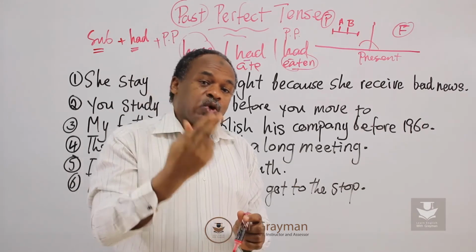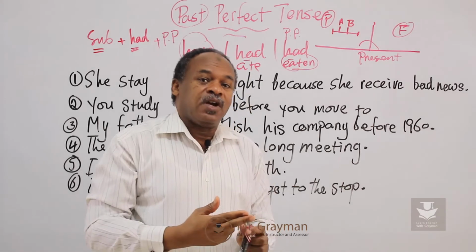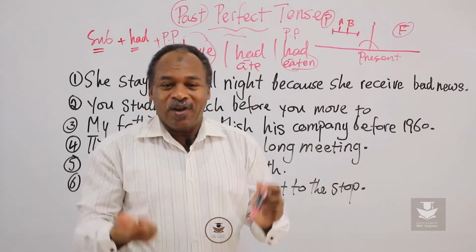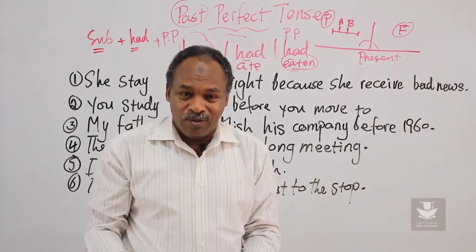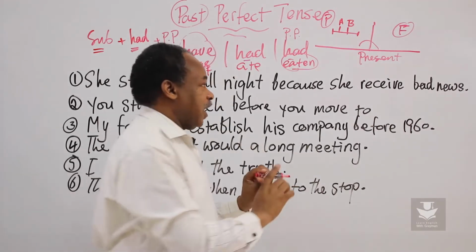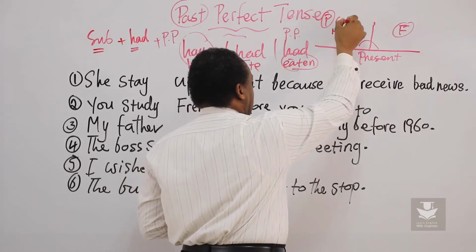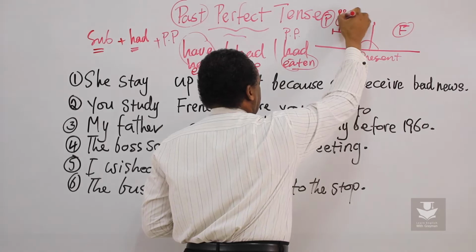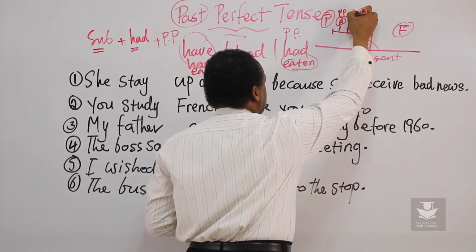The one that took place first should be past perfect. And what about the other one? The other one should be just past simple. Again, two events: A should be past perfect, and B should be past simple.